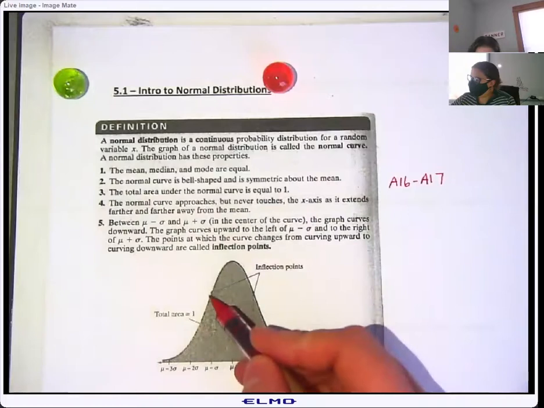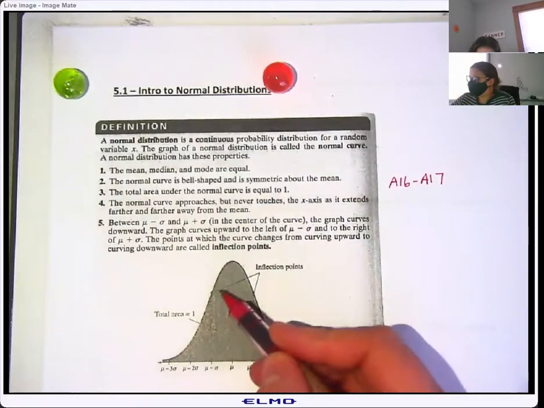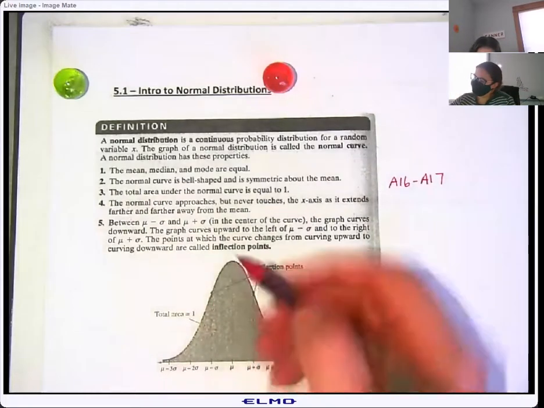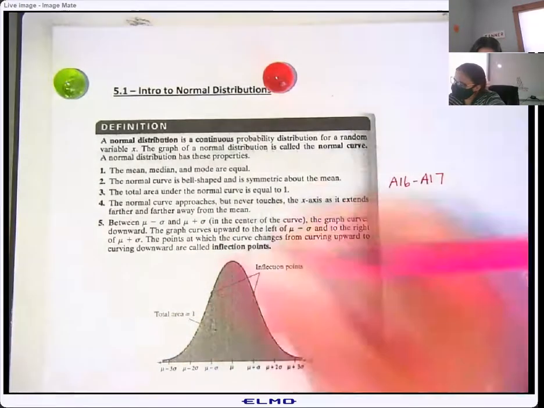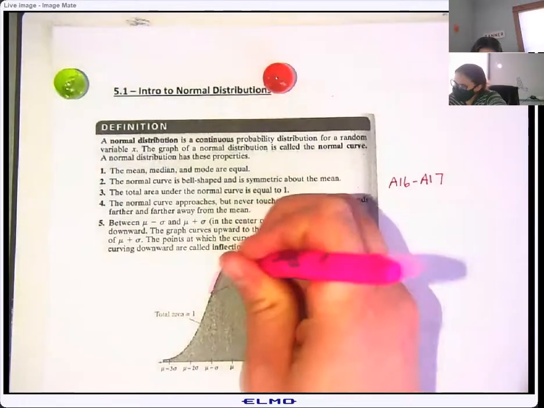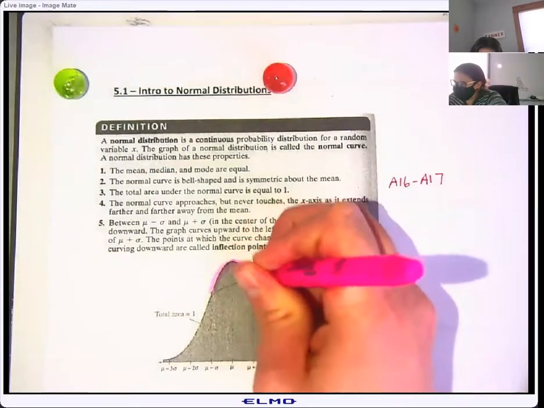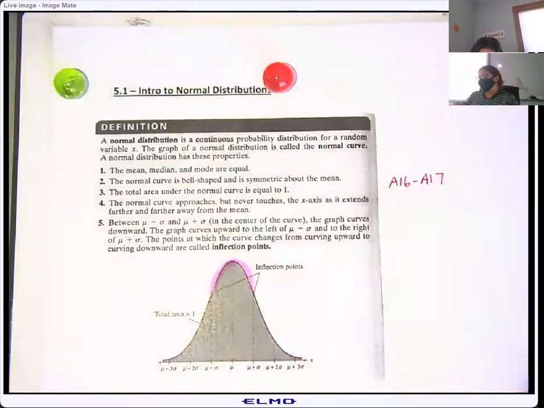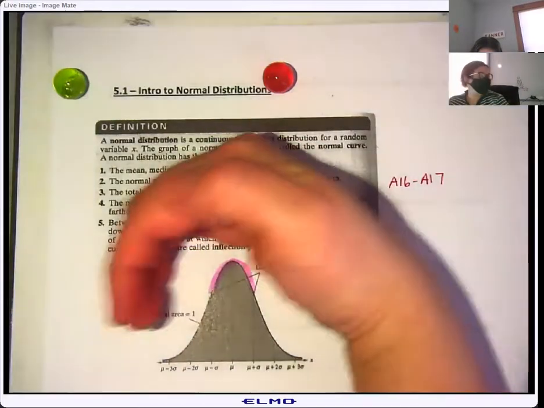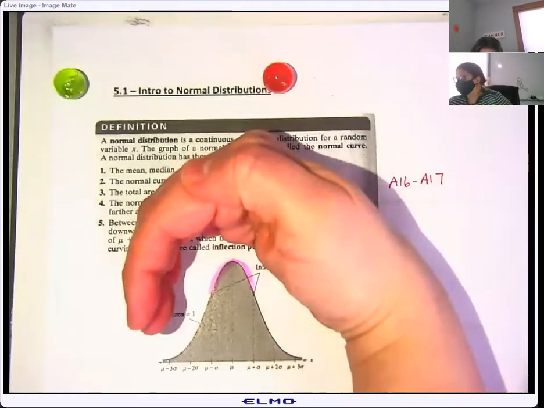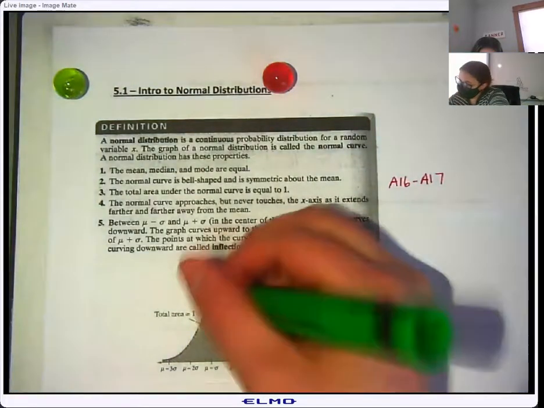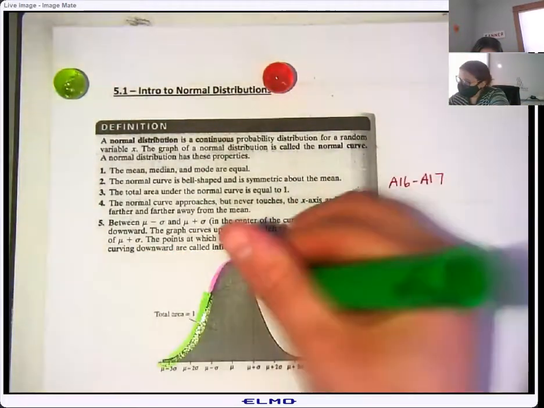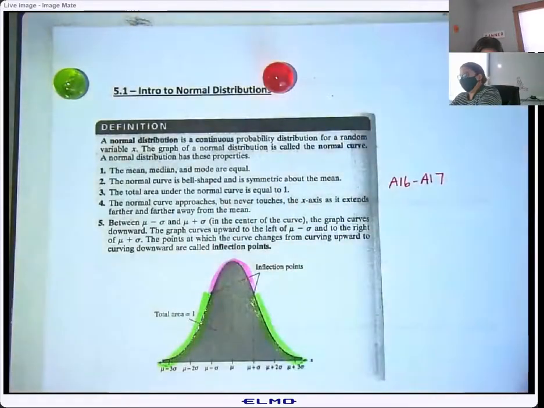And there's inflection points. An inflection point is actually more important in calculus, but it basically means, do you see this part of the graph right here? It's curved down like this, right? Where starting right here and here, that is curved up.